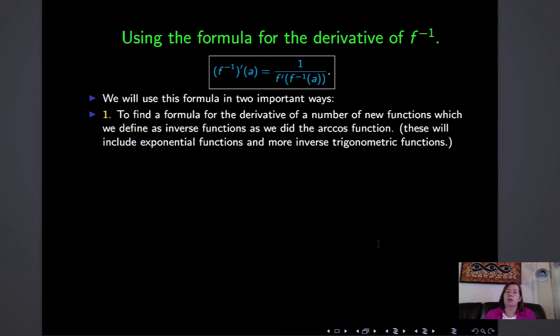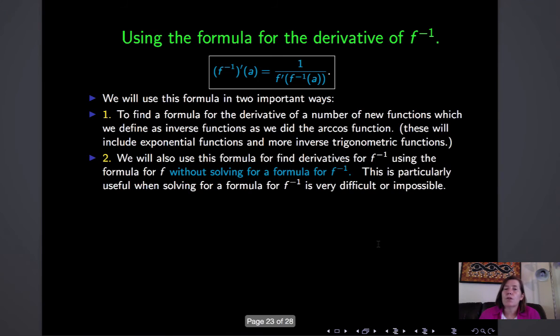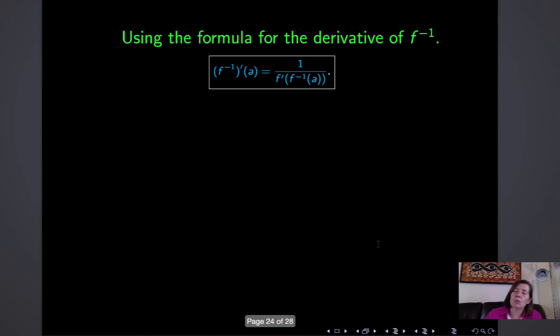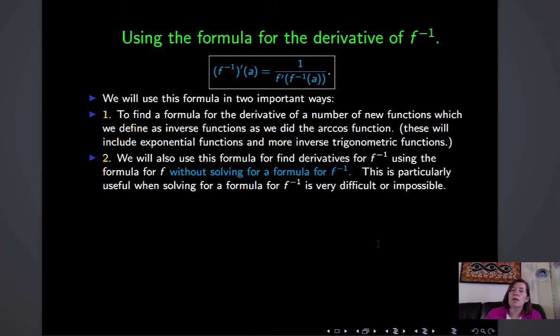And the other way we're going to use this is to solve for f inverse prime of a, in particular at a point where we can't necessarily find a formula for f inverse. So we're going to use what we did before in solving for f inverse of a without actually finding a formula for f inverse. Let's look at what's involved in one briefly.